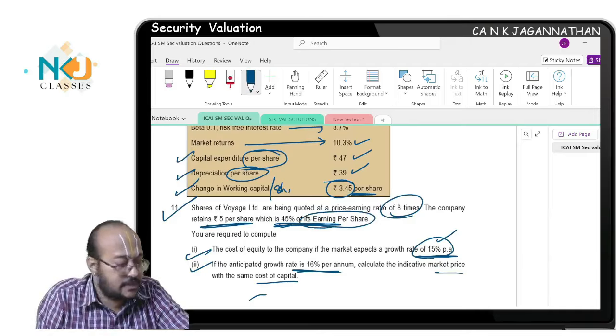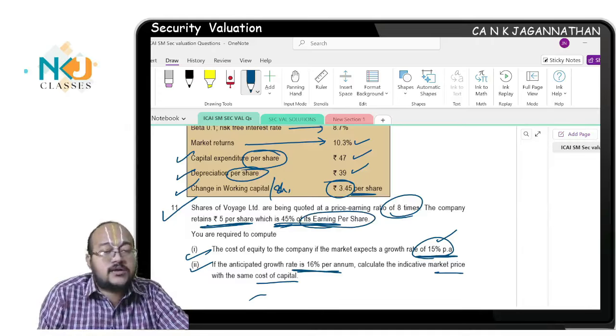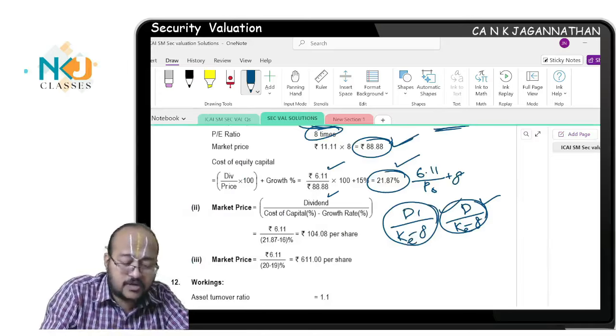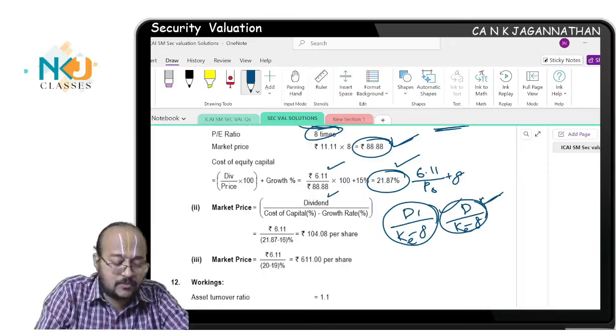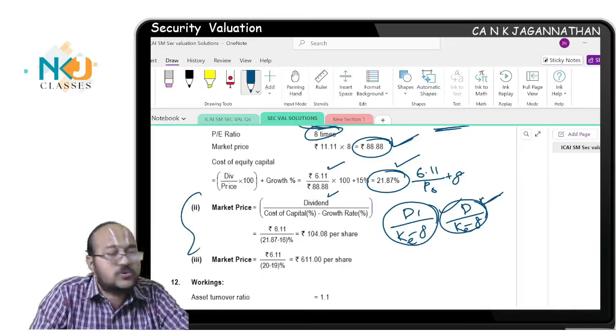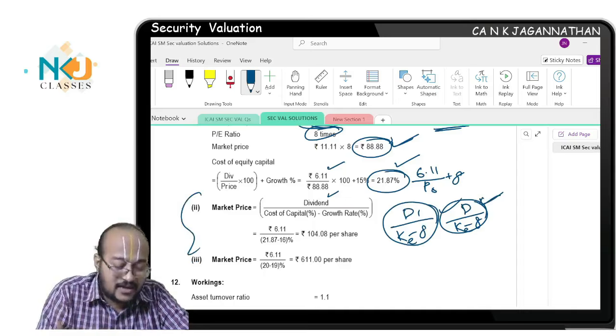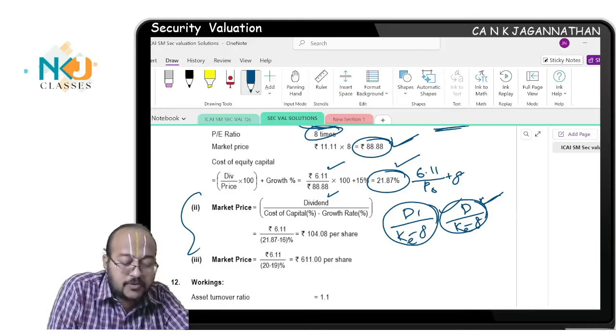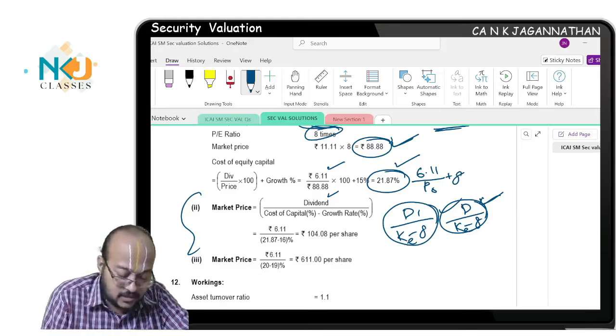By reading the question simply, we can understand this is the current data. In the previous question you need to understand that you need to take D1 only, but they have solved this way. An alternative solution is also possible. Why am I saying this? Ambiguous question, alternative solution also possible. We can also say take 6.11 plus G is also possible. That is the issue. Next, see.